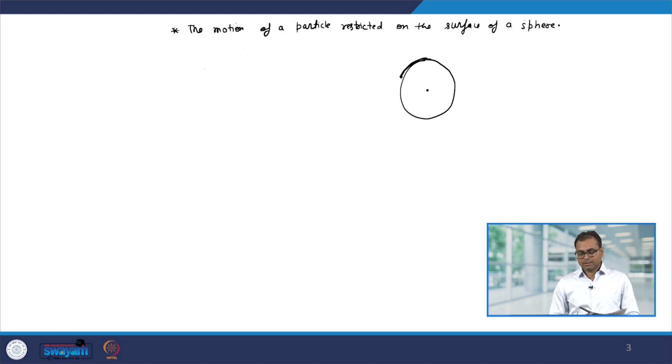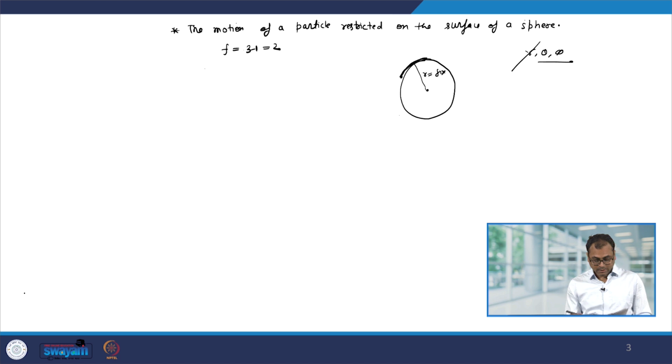In this case its distance from the center of the sphere, r, has to be fixed. So, this is one constraint, and for a particle which is free to move, degree of freedom is 3 and there is one constraint. Therefore, in this case the degree of freedom will be 3 minus 1 equal to 2. And what are the generalized coordinates? Well, because of the spherical symmetry, we can take r, theta and phi, but since r is fixed, theta and phi will be the generalized coordinates.